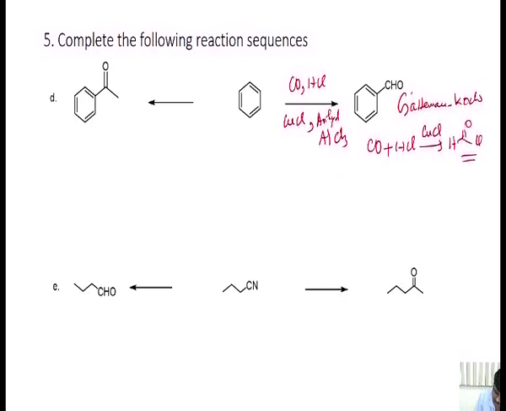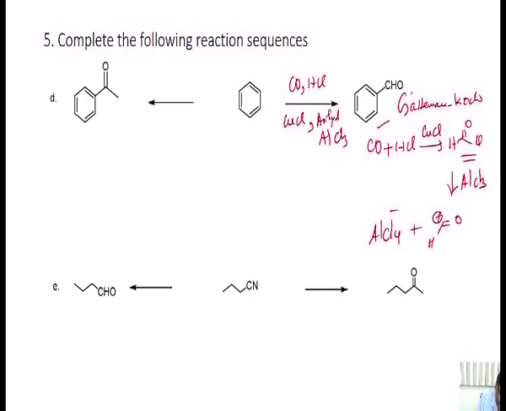Once you form this one, it can react with anhydrous aluminum chloride to give the acyl carbocation, which acts as an electrophile and undergoes reaction with the aromatic ring through aromatic electrophilic substitution to give benzaldehyde as the product.